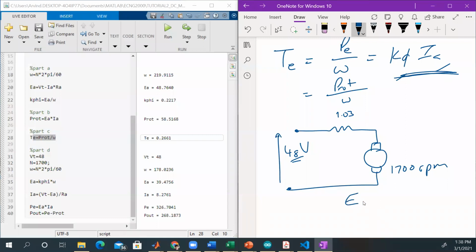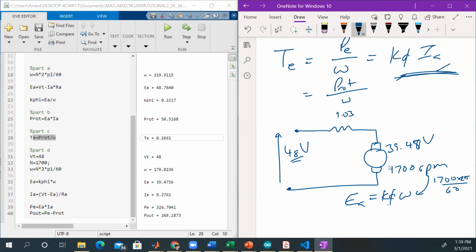So we know EA is equal to K phi by omega. We now have a different speed. To get omega, we have 1700 multiplied by 2 pi on 60. And I have K phi that we worked out before as 0.2217. So I could work out my new EA here, which is K phi by omega. And that gives me 39.48 volts.